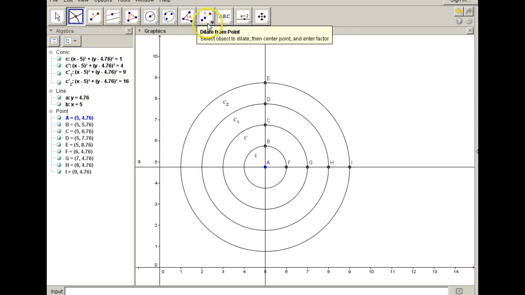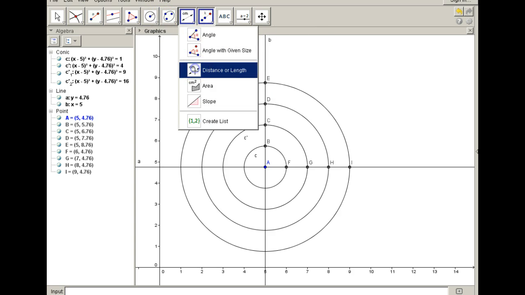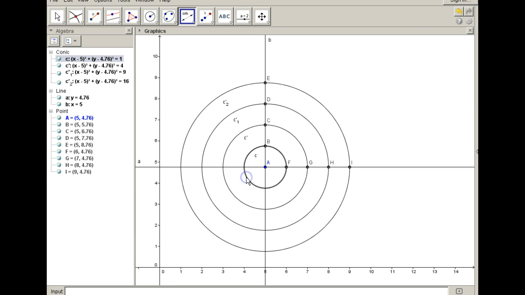And if I indeed measured the length around the circle, we see that the circumference is 6.28, which is 2 times pi.